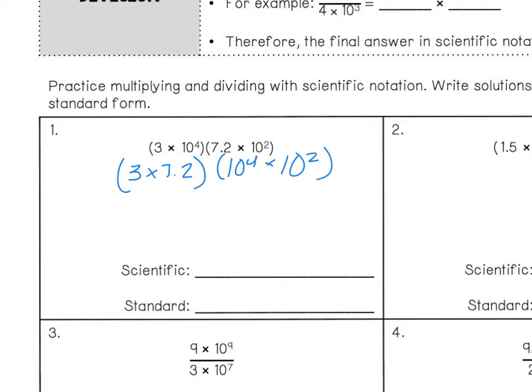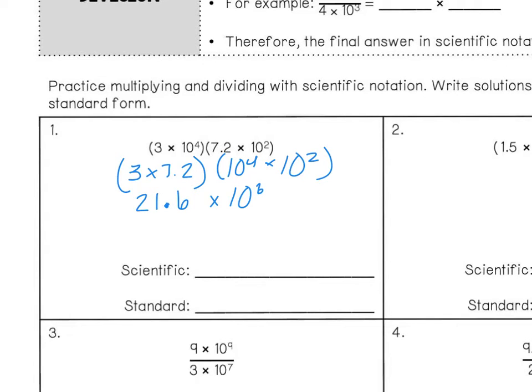Okay, so I'm going to first multiply 3 times 7.2 and I get 21.6 or 21.6 times 10 to the, and we're going to use our product rule to add our exponents. So we're going to get 10 to the 6th power.